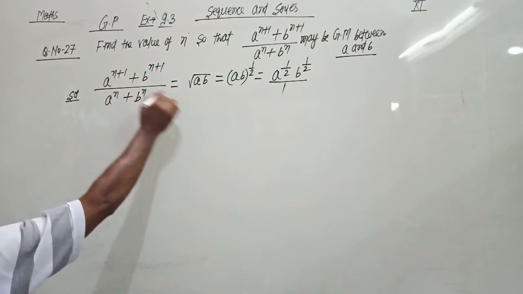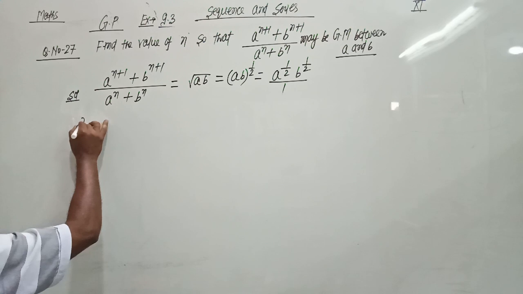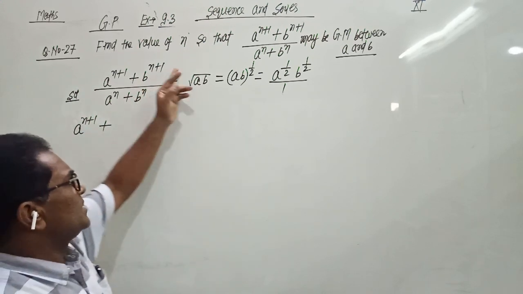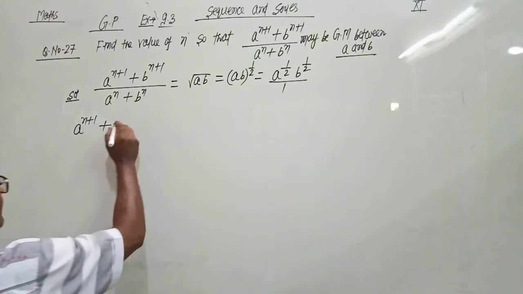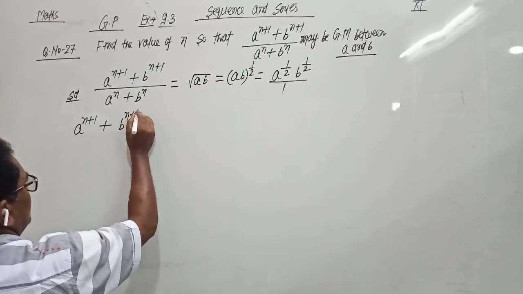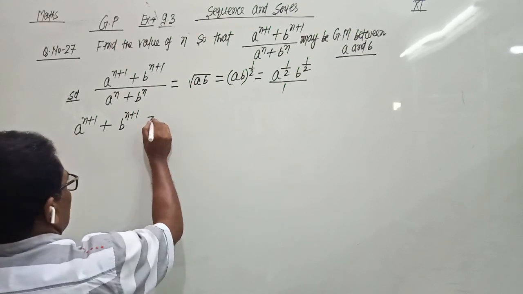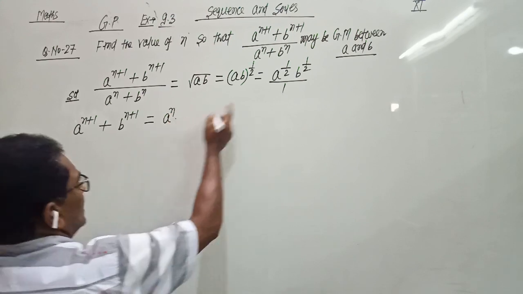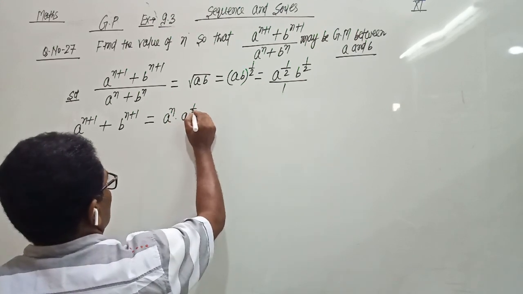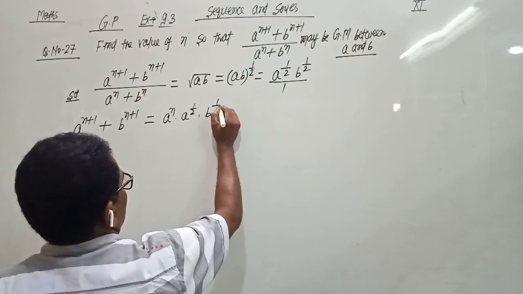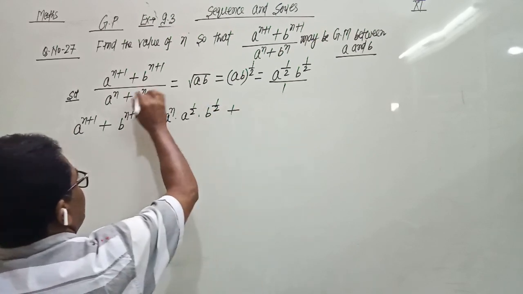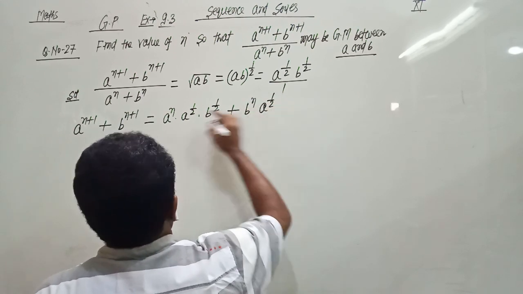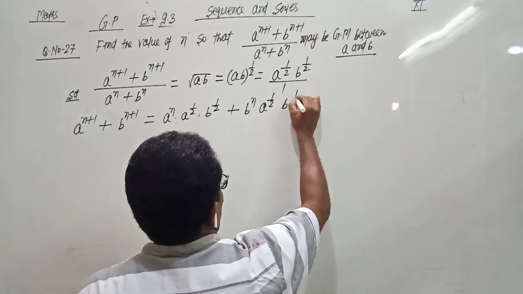So a raised to the power n plus 1 multiplied by 1, we get a raised to the power n plus 1. b raised to the power n plus 1 multiplied by 1, we get b raised to the power n plus 1 equals a raised to the power n into a raised to the power 1 by 2 into b raised to the power 1 by 2 plus b raised to the power n into a raised to the power 1 by 2 into b raised to the power 1 by 2.